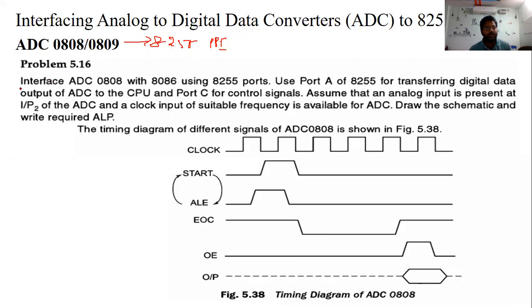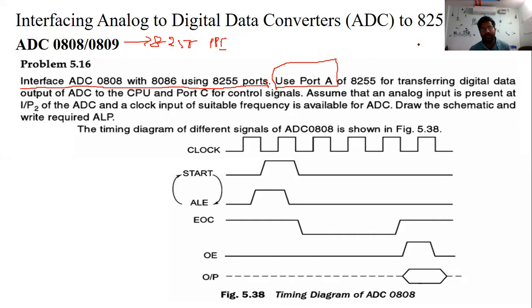They can ask for ADC 0808 with 8086 using 8255P using port A. This is the important part. If port B is taken, all are the same. The only changes are in the program.